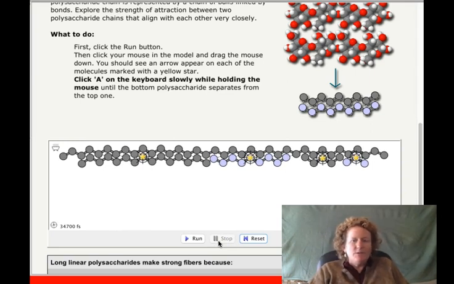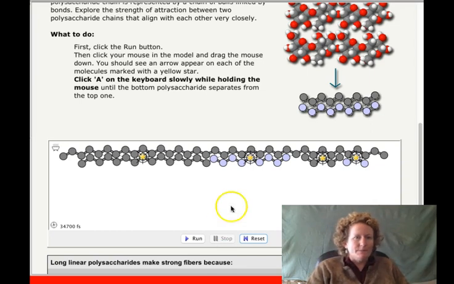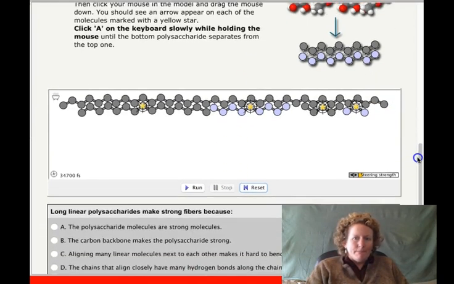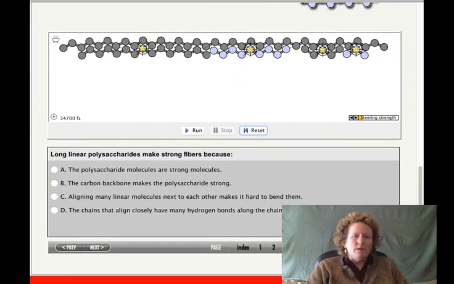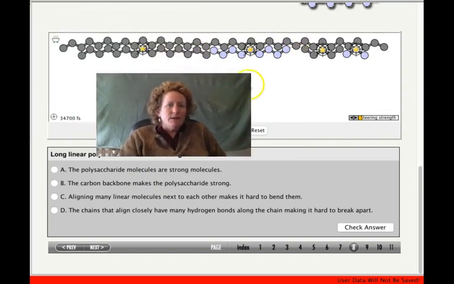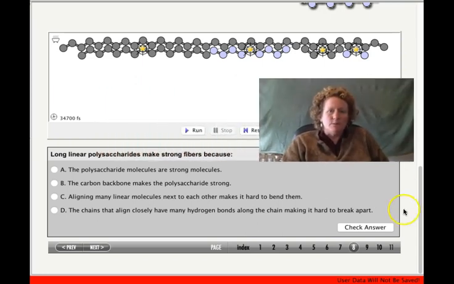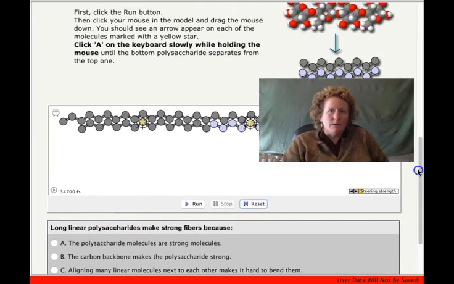I did manage to do it and took a screenshot on your worksheet so you can check that out. So let's think about how long linear polysaccharides make strong fibers. They are lined up together, they fit well together, but it's also the hydrogen bonds between those two long stringy molecules that are really important.